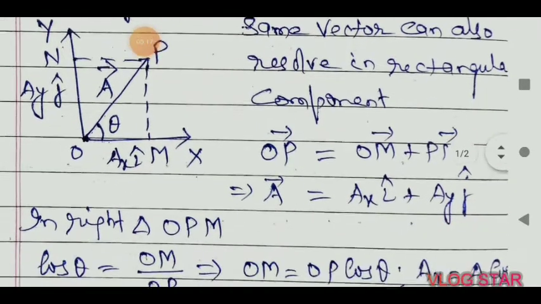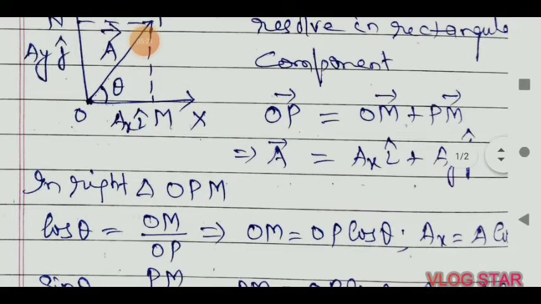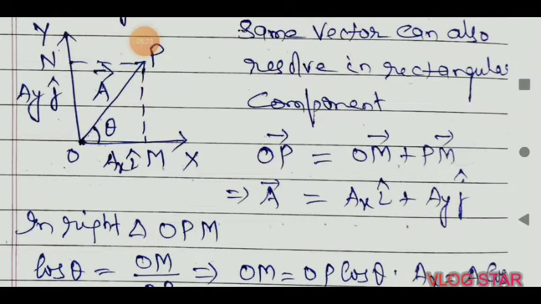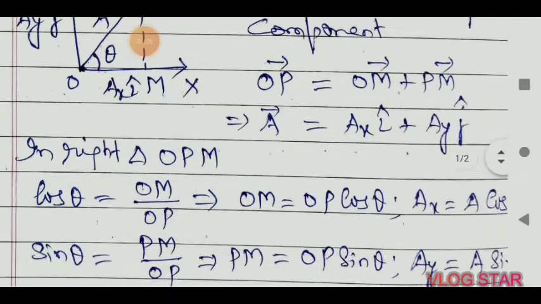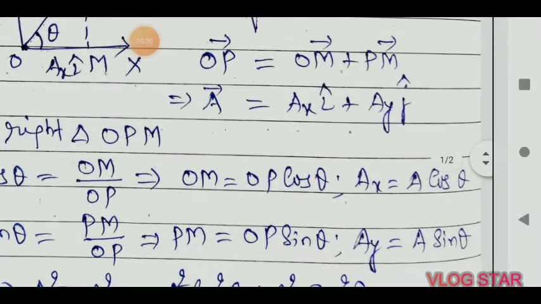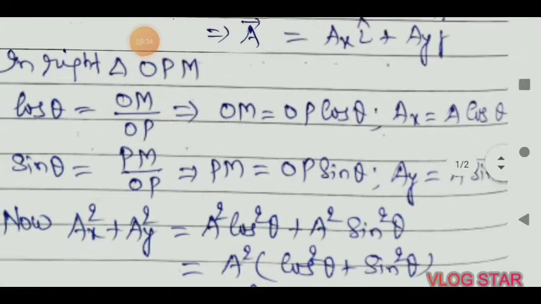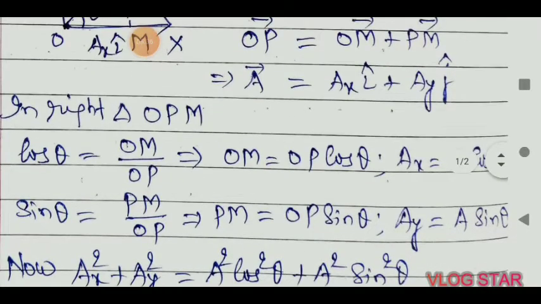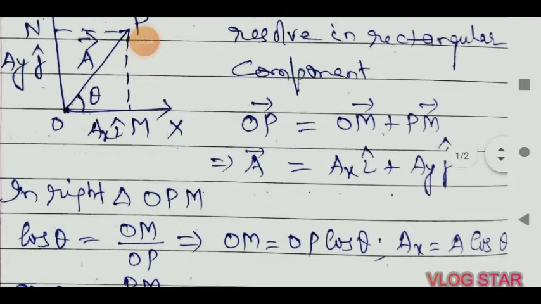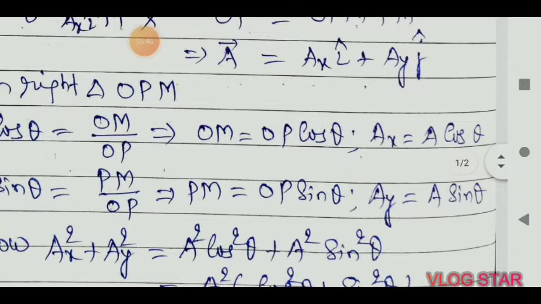Now from the right-angled triangle OMP you find cos theta, that is base upon hypotenuse, OM upon OP. So OM is equal to OP cos theta, and AX is equal to A cos theta. Similarly sin theta is perpendicular upon hypotenuse, PM upon OP, so PM is equal to OP sin theta, or AY is equal to A sin theta.